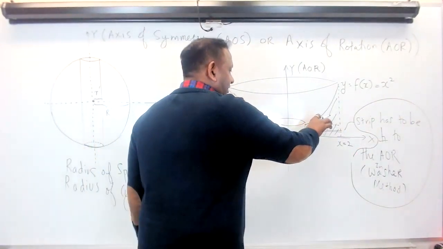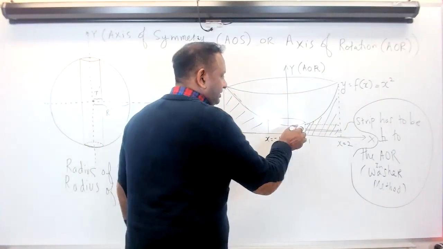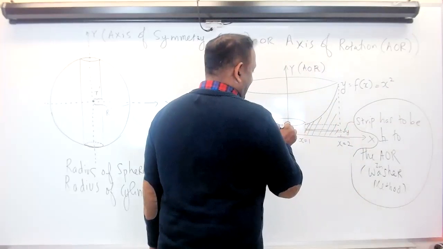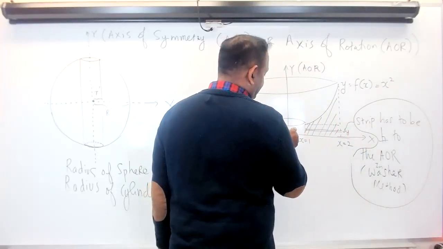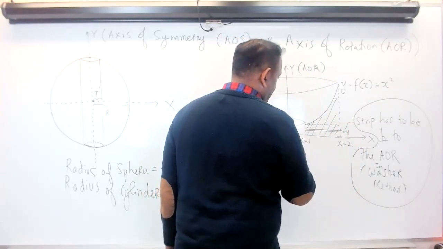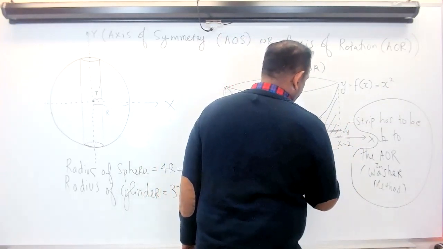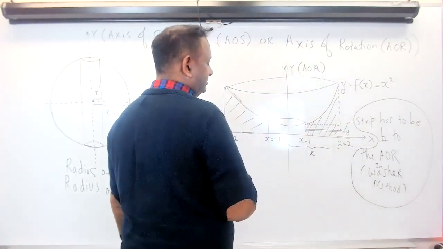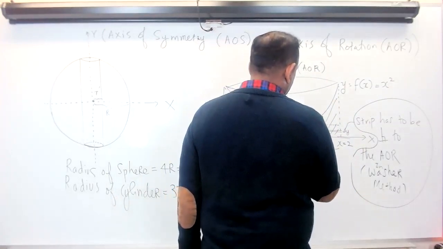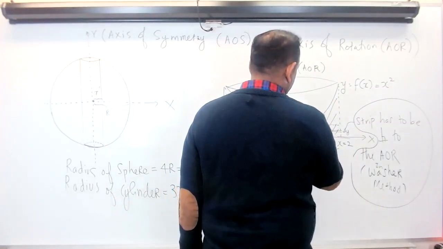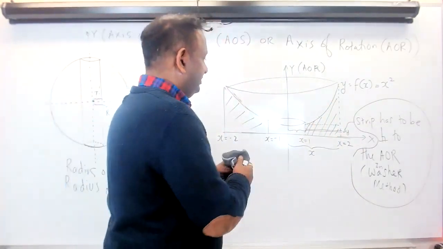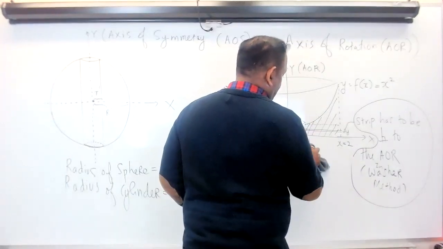Then you take that strip and rotate it with a thickness of dy, at a distance from here to there. That would be your x all the time, it doesn't matter. Or if you want, you can put this one as your x. At this point, this point, this point, the x changes. If you want, you can put that one as x. It doesn't matter.